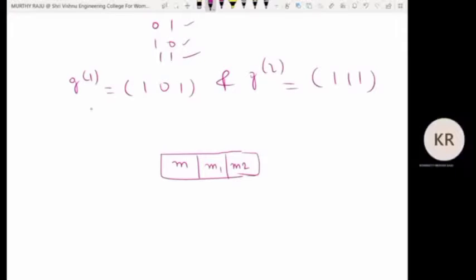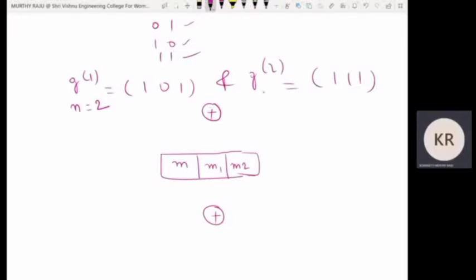Here N is equal to 2 generator sequences, that means 2 outputs. In the given problem, 2 generator sequences are given, G of 1 and G of 2. Therefore, N is equal to 2. 2 outputs, that is the reason we use 2 modulo 2 adders here, this one and this one.